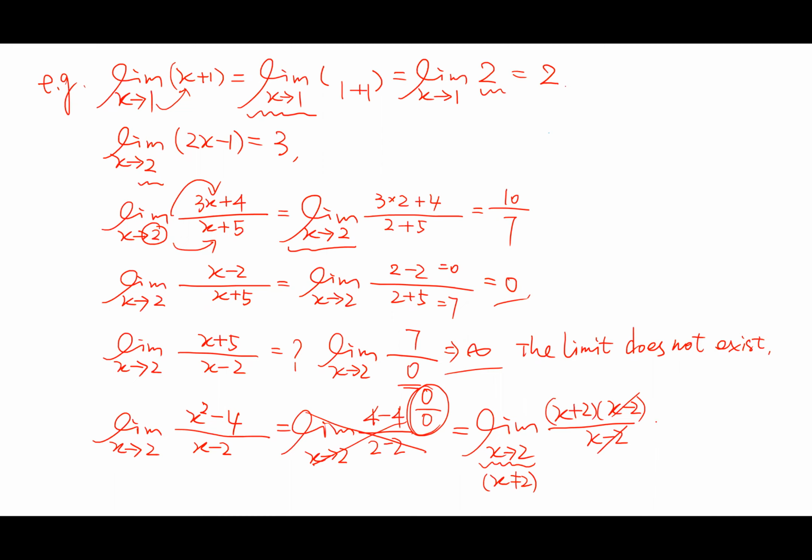So that equals x plus 2 here. And then we use the substitution way again. We substitute 2 into this function, and that equals 4. And 4 is the limit of this function. That is what we want for this question.